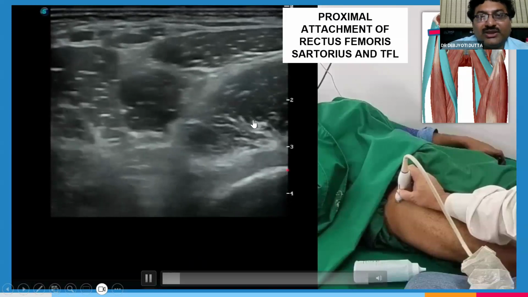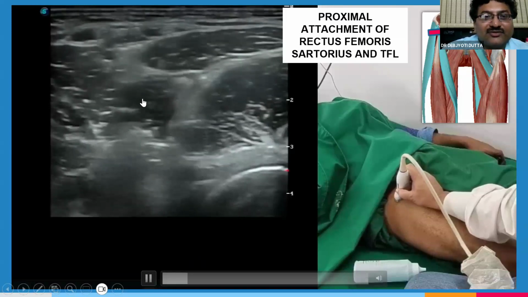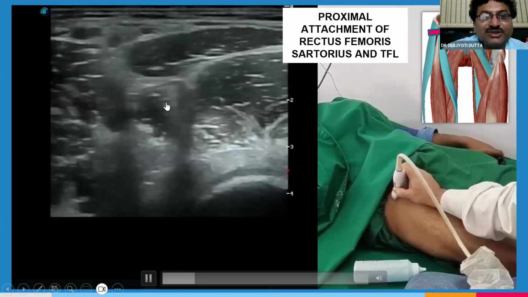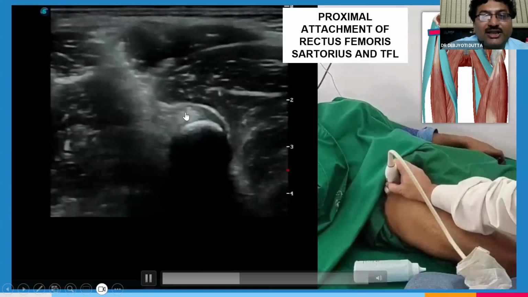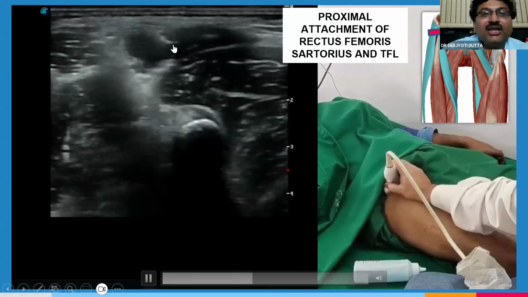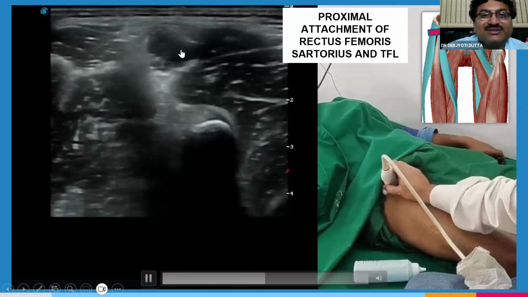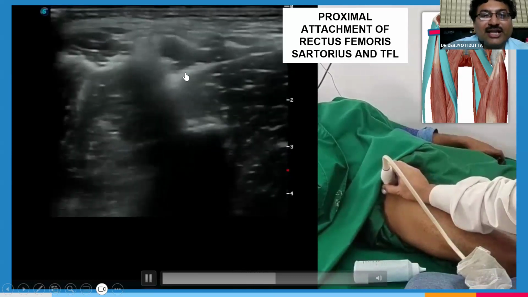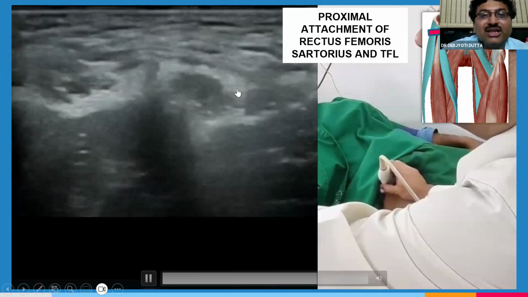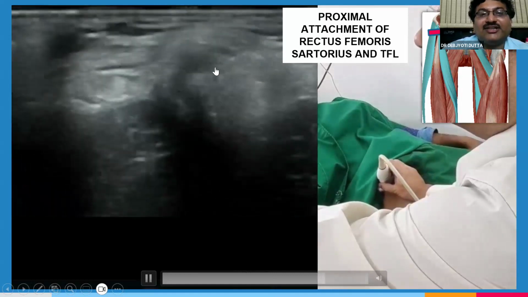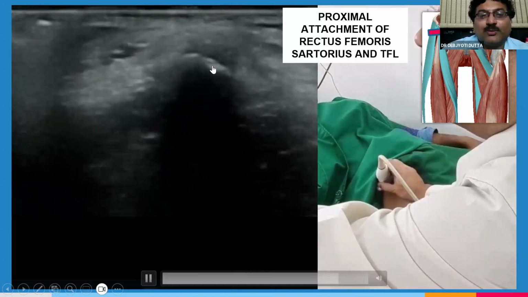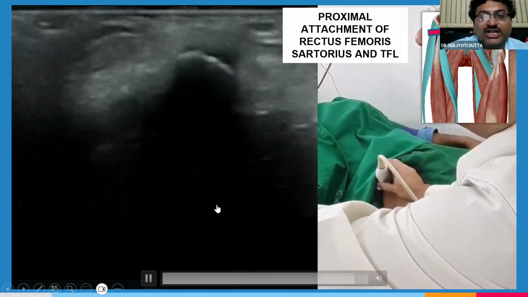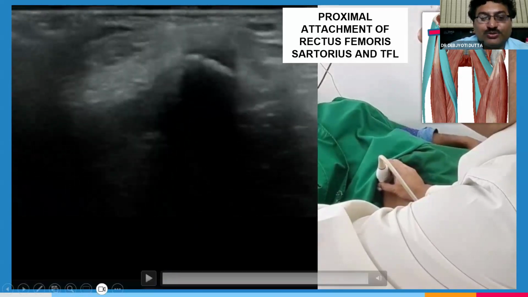Here we can see the attachment of the rectus femoris and the sartorius. The rectus attaches first to the anterior inferior iliac spine. If you go further up, then this sartorius gets attached to the anterior superior iliac spine.